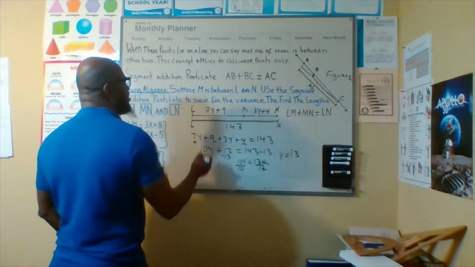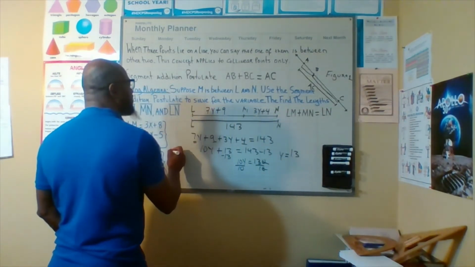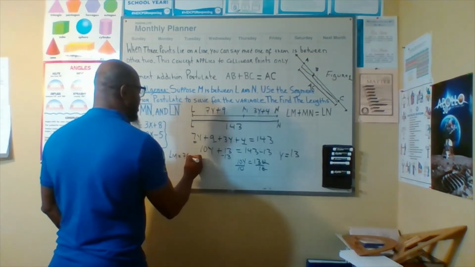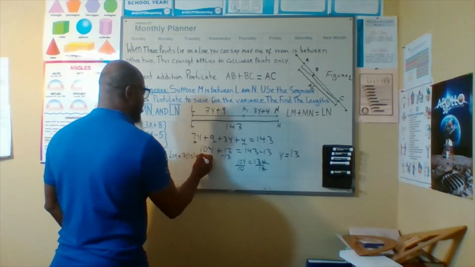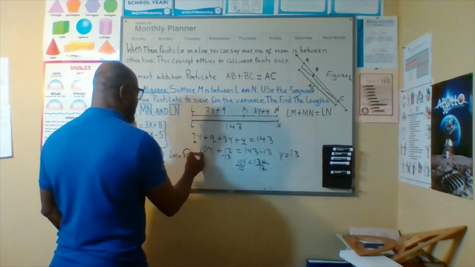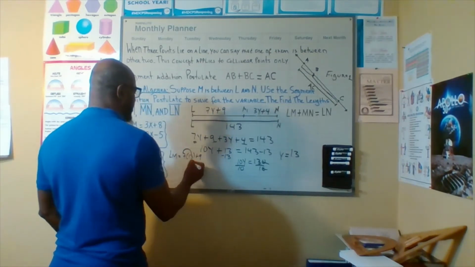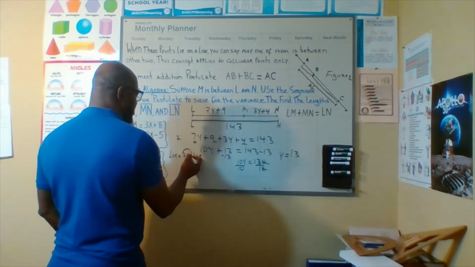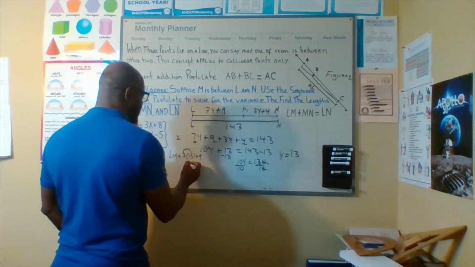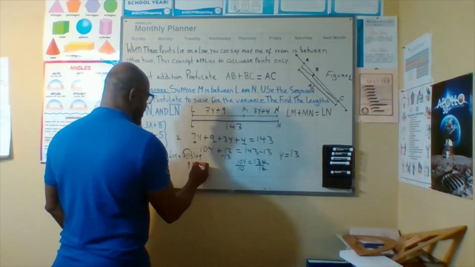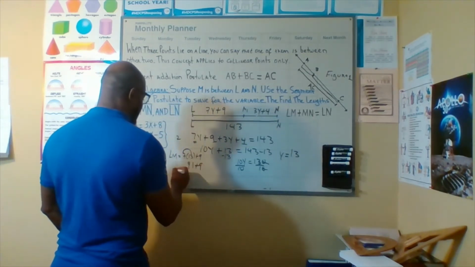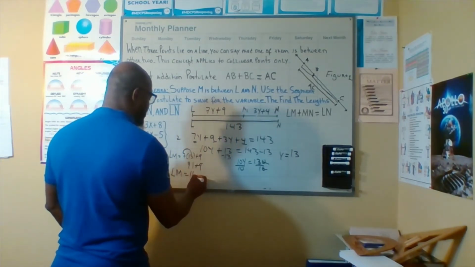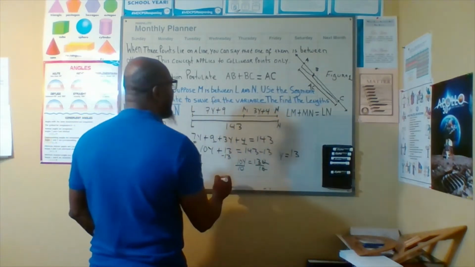So we can come here. LM is 7 times 13 plus 9. 7 times 3 is 21. Carry 2. 7 times 1 is 7 plus 2 is 9, plus 9. LM is 100. Right?